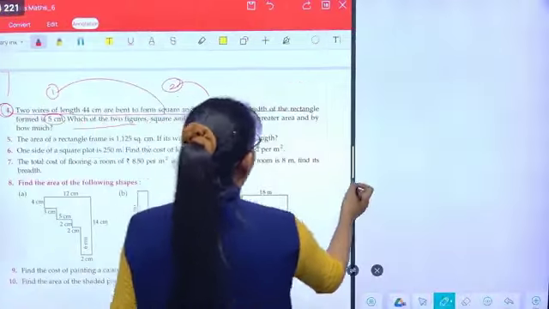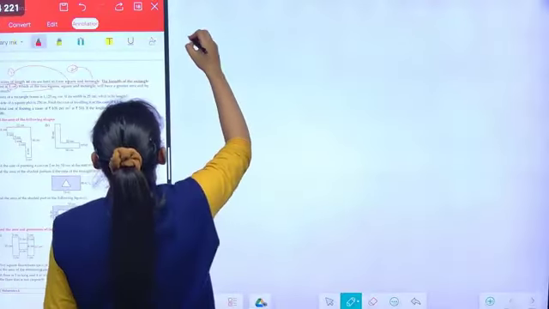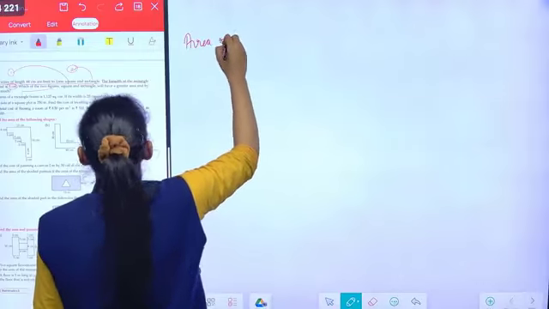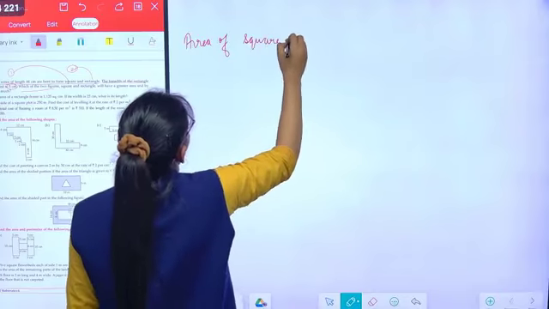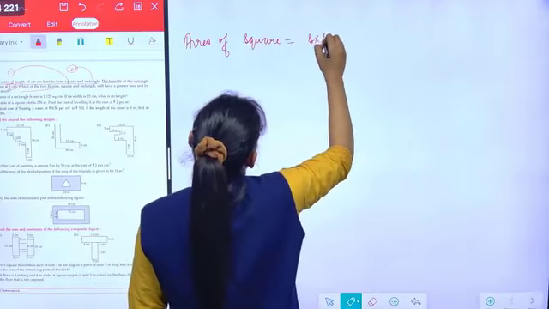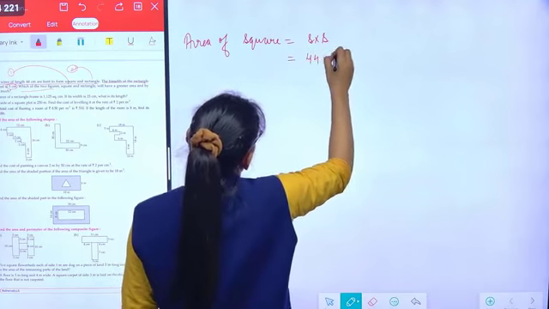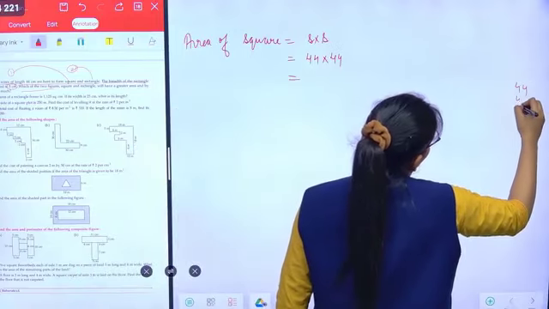Now class, their length is the same. Now area of square, that is class, side multiply by side, plus 44 multiply by 44.